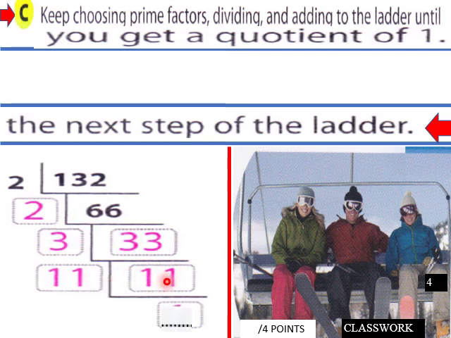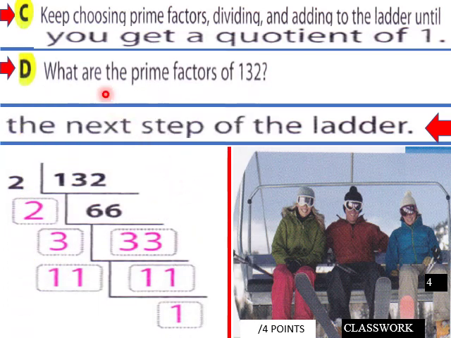So 11 times 1 would equal 11. So here is your ladder of factors, and here on the outside are the prime factors. What are the prime factors of 132 is the question. Here they are, 2, 2, 3, and 11.